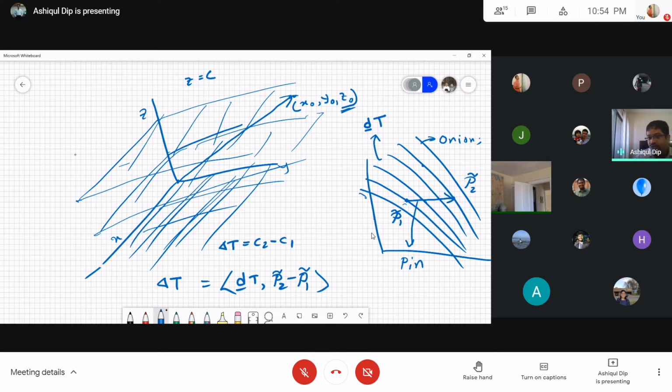Probably we could say the number of surfaces is an integer, but here z naught could be a fraction. We are considering the fractional portion as well. So if it goes halfway, then we say it cut 1.5 surfaces. That's what we mean.